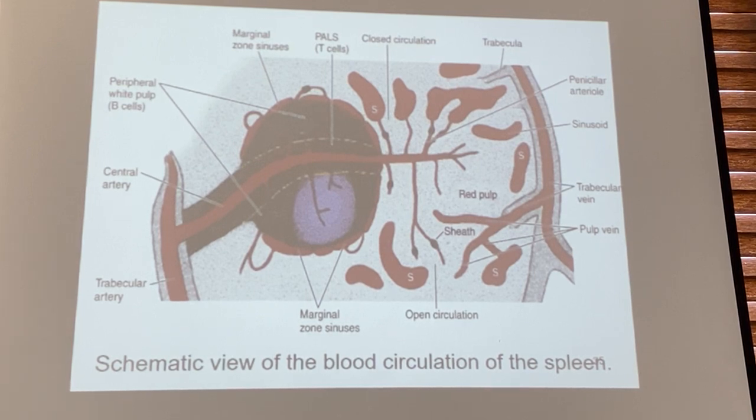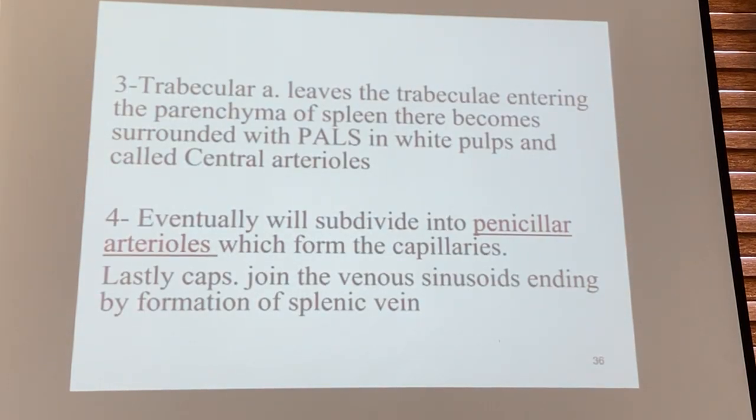It will be covered by a layer of T lymphocytes forming a sheath called the periarterial lymphatic sheath. Then the trabecular artery leaves the trabecula, entering the parenchyma of the spleen, as the central artery.